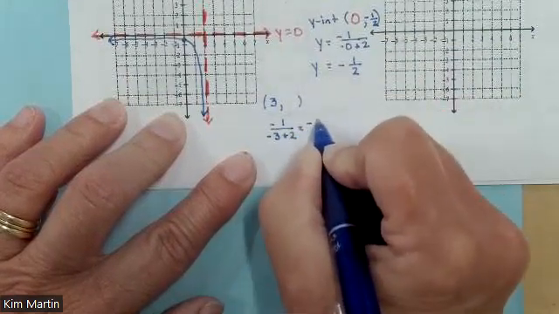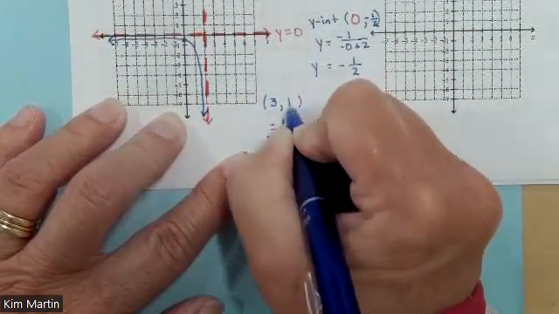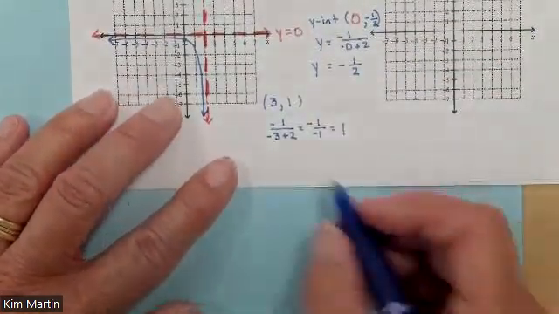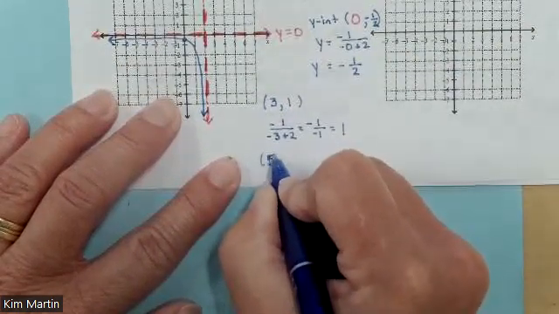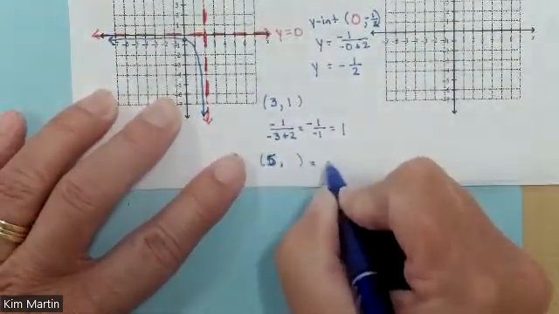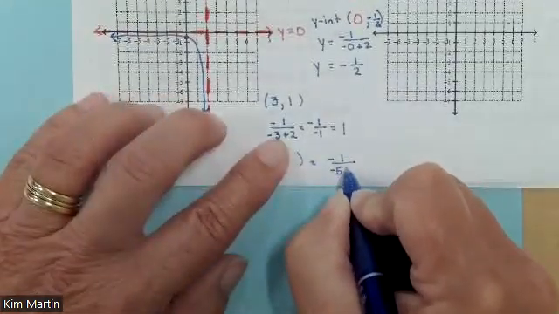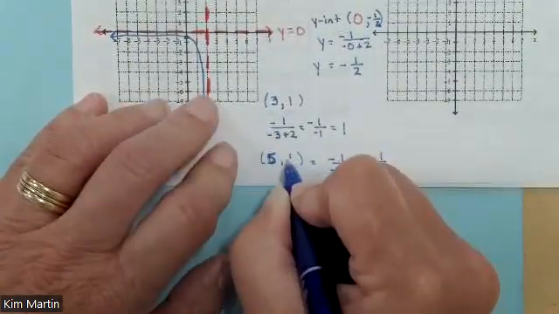So I get -1 over -1, which gives me a +1. Somebody picked 5. You would have gotten -1 over -5 plus 2, which gives us +1/3.